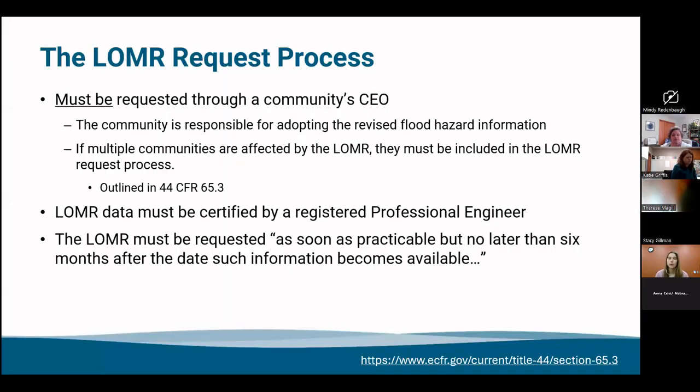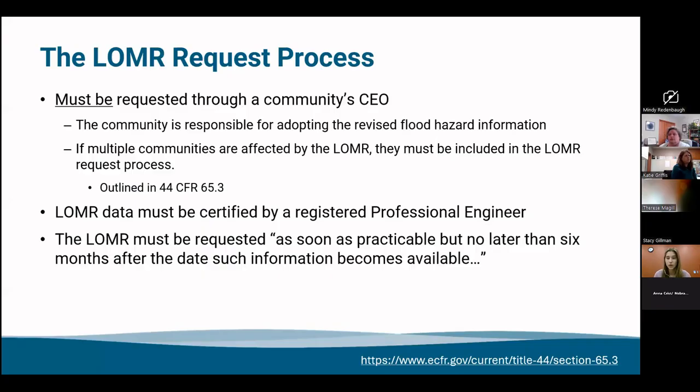So the request process for a letter of map revision is quite intensive. First of all, it has to be requested through the community CEO or the chief elected officials, so the mayor or the board chairperson.